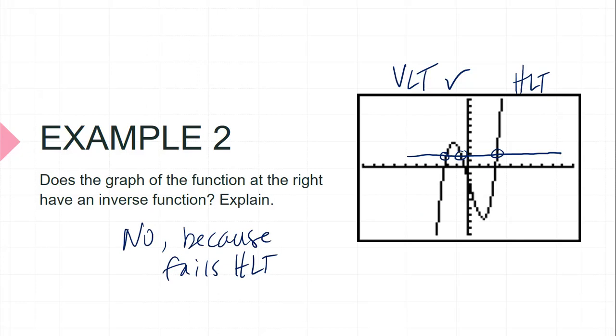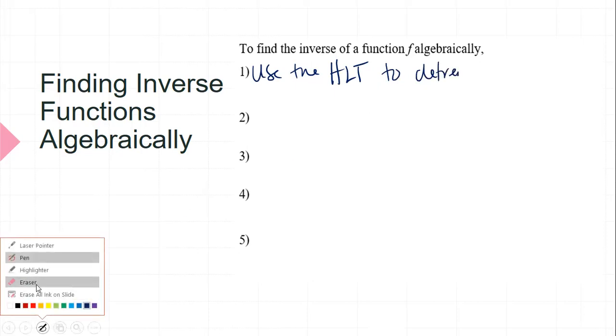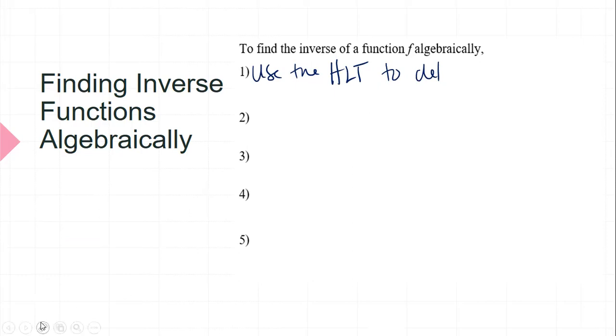All right, the last part of our notes is to be able to find the inverse of a function. There are 5 steps that we're going to go through to find the inverse of the function. Step 1 is we're going to use the horizontal line test to determine if it's 1-to-1.